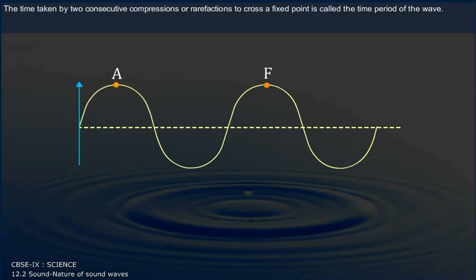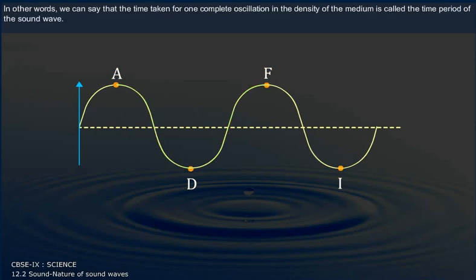The time taken by two consecutive compressions or rarefactions to cross a fixed point is called the time period of the wave. In other words, we can say that the time taken for one complete oscillation in the density of the medium is called the time period of the sound wave.